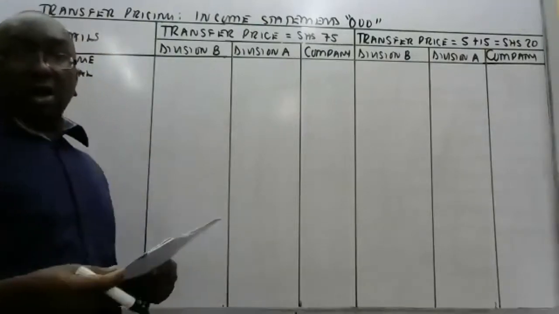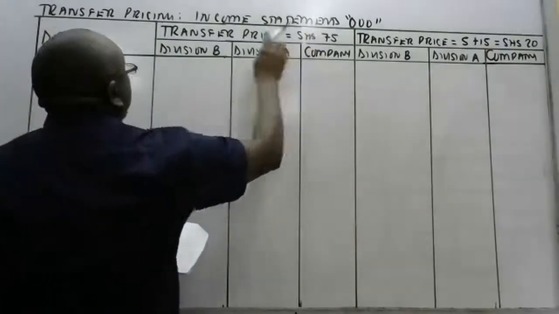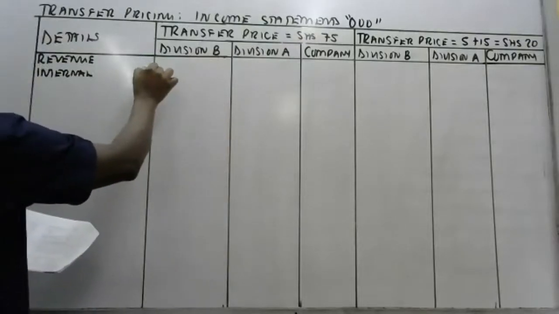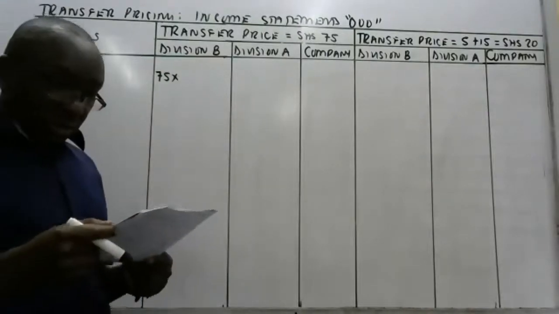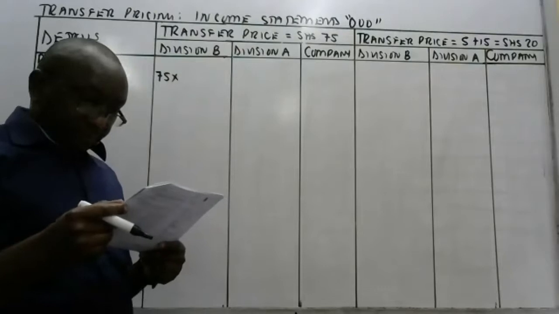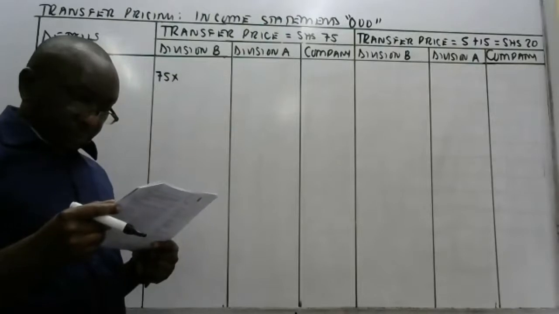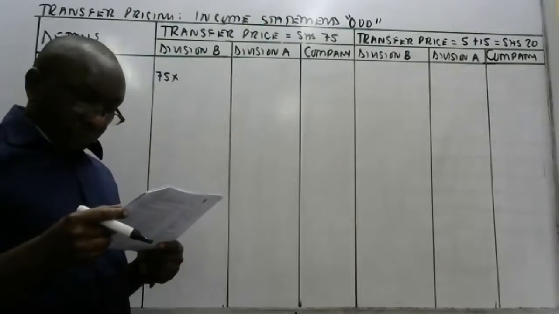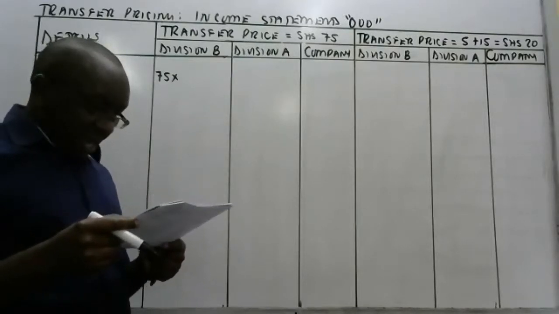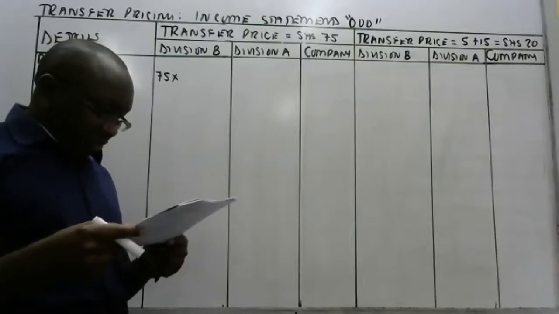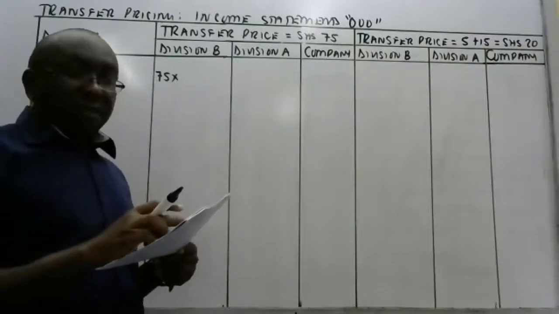Now internal, the selling price here for division B is 75. And according to what you can see up there, as far as division A is concerned, you can see the maximum annual demand for the ovens, they are 80,000.